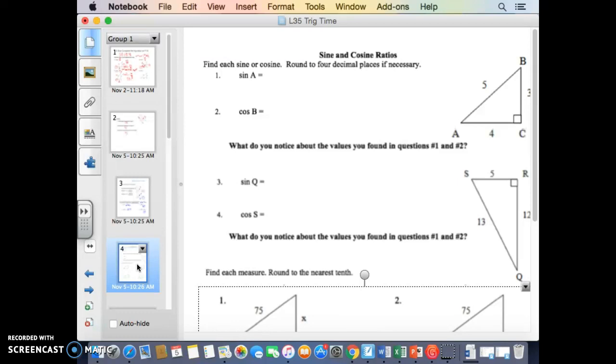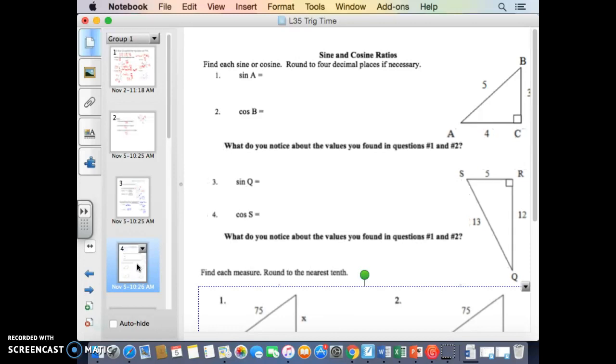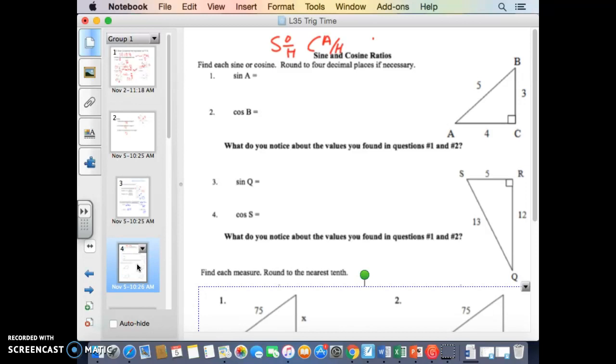Now that we know how to use our calculator and all this fun stuff, now we're going to go ahead and solve some problems related to this. So for each, you're going to round to 4 decimal places. So I want to find what is the sin of A. So remember, sin is opposite over hypotenuse.